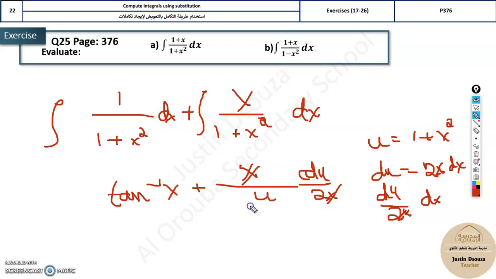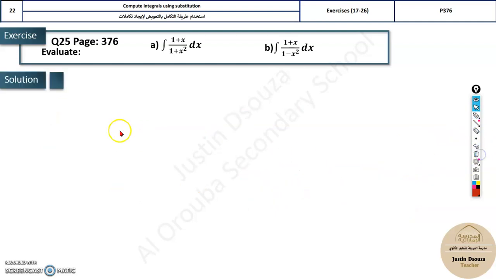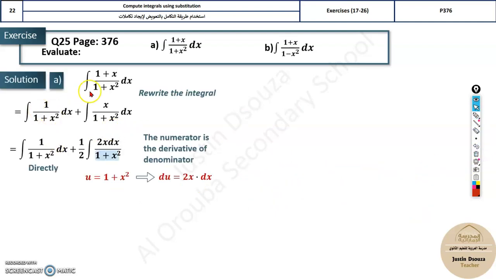Now this x and x cancel, and then I can do the substitution only for the right side. You're splitting these terms because if I add 1 by 1 plus x squared with x by 1 plus x squared, I'm going to get 1 plus x divided by the common denominator. So that's why we split it out, and then the left side is directly integral, that is tan inverse.